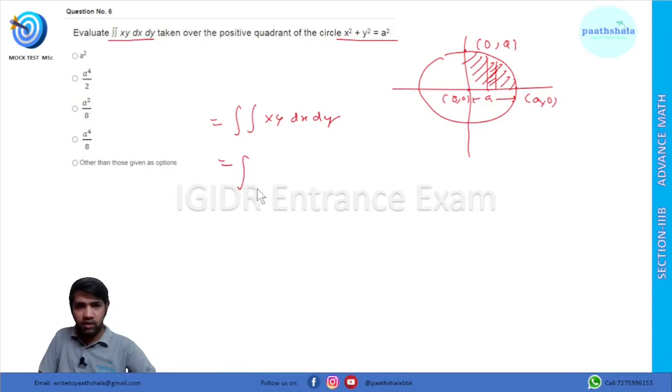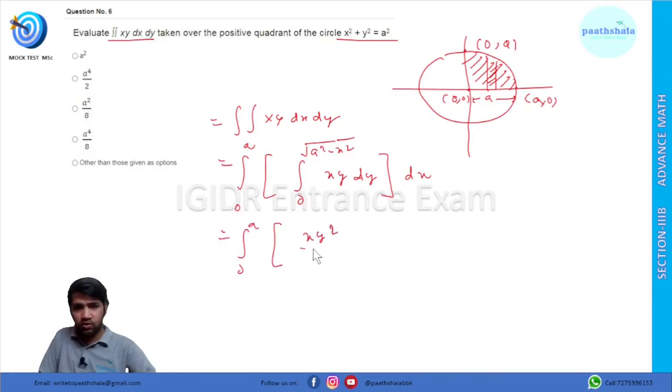So alternatively I can write it like that: limit for y will be 0 to under root a square minus x square. So this will be x y dy. Outside this will be dx and limit for x will be 0 to a. So when you solve this integral, this is 0 to a, this will become xy square by 2, and the limit will go from 0 to a square minus x square dx.